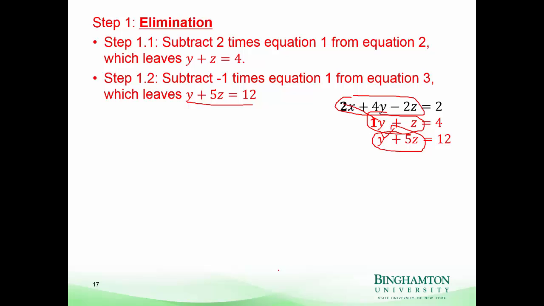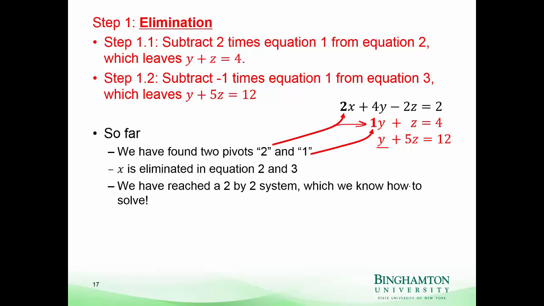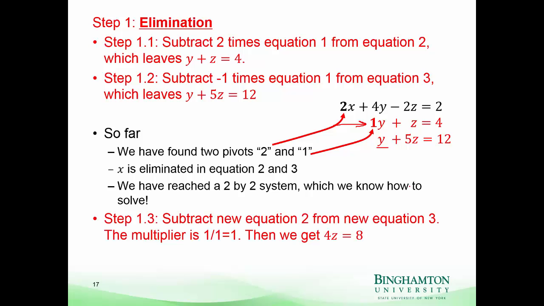So what we need to do is use our new second equation. So we're going to use this new second equation to eliminate this y in our new third equation. So we found 2 pivots. We've eliminated x in equations 2 and 3. We've reached a 2 by 2 system, and we know how to solve that part of it.